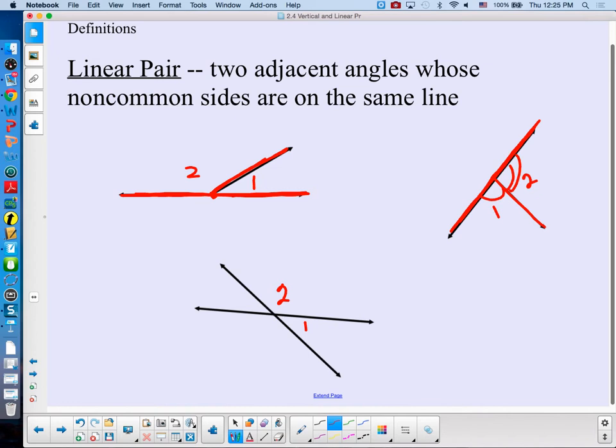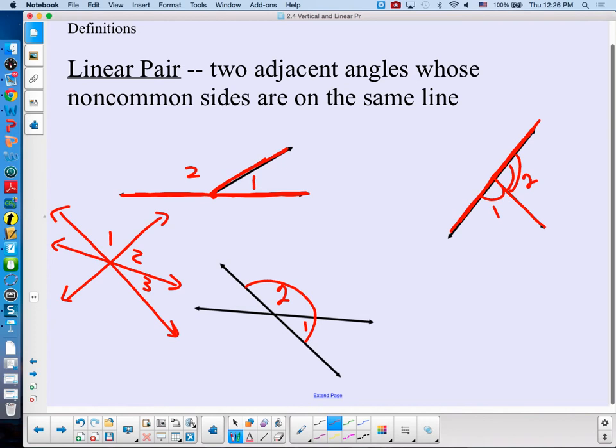If you have trouble, I like to grab a ruler, and if you would lay the ruler along one of the lines, as long as you have just 2 angles, that's going to be a linear pair. Now, if you had the 3 lines crossing, 1, 2, and 3, those are not a linear pair, because pair means 2.